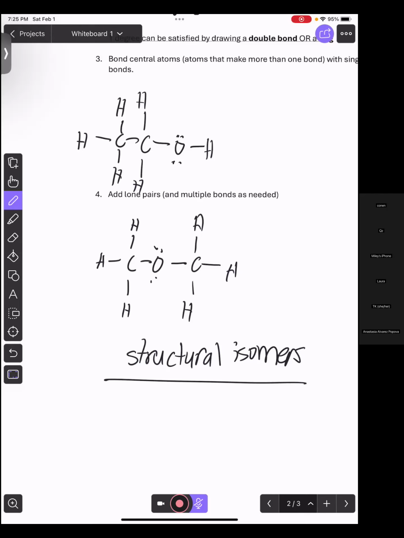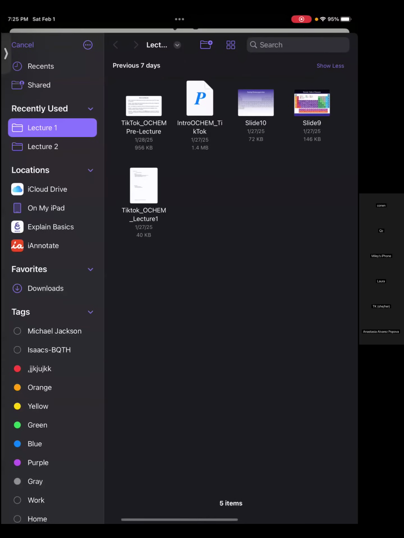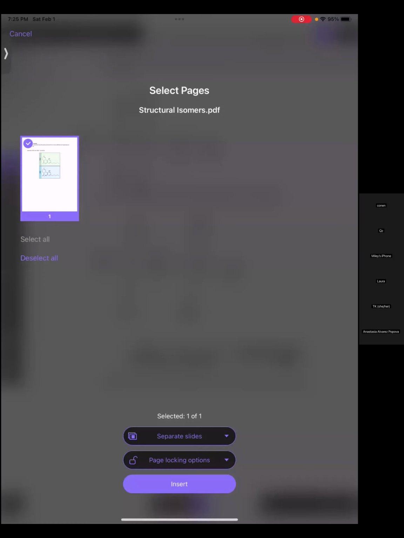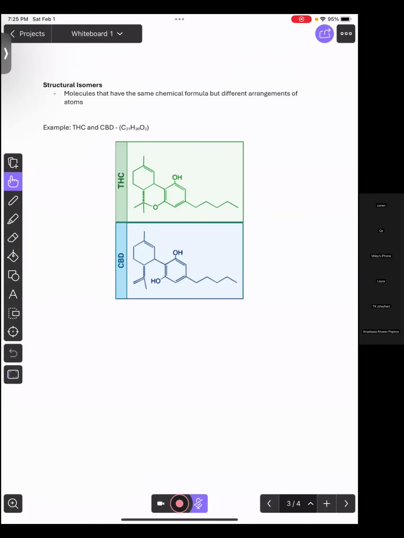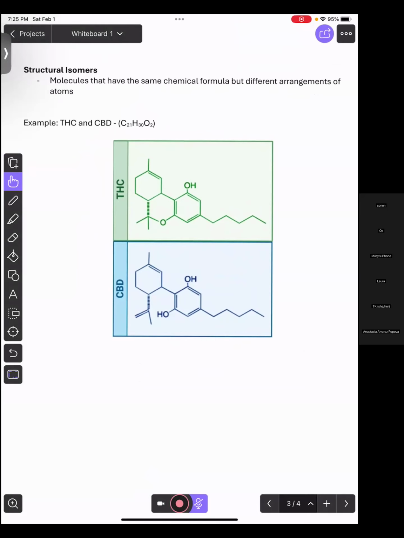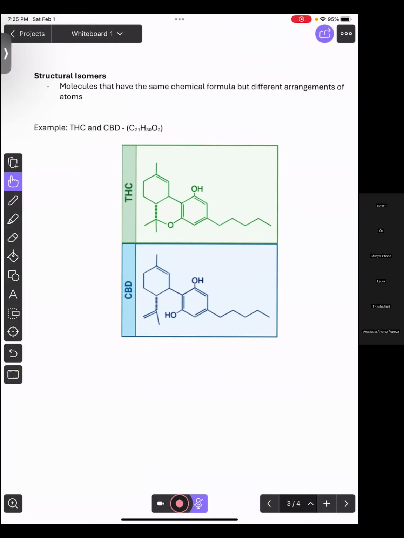Okay. I want to show you 2 structural isomers that you probably have heard of before, but never really thought about as structural isomers. This is THC and CBD. Those 2 molecules are both structural isomers.